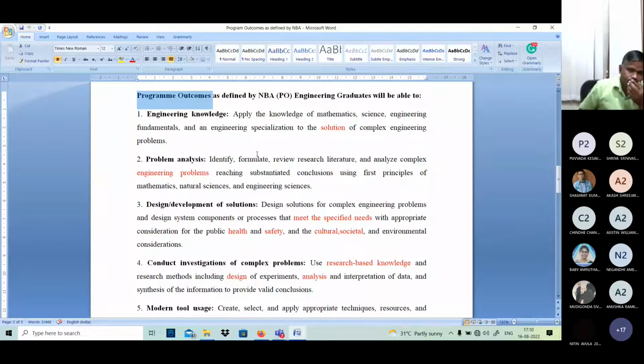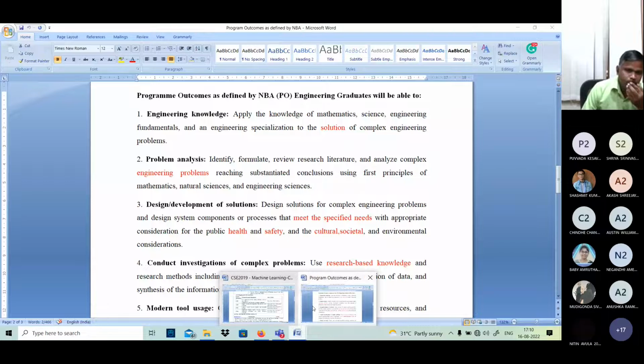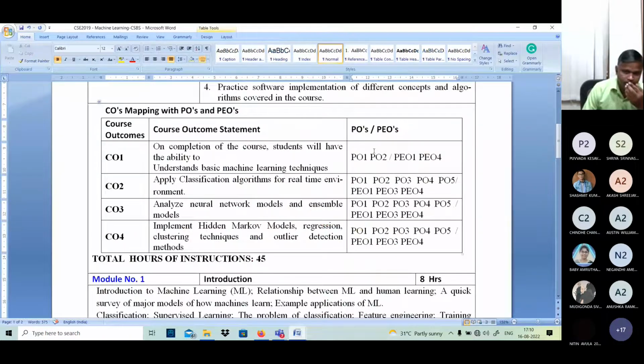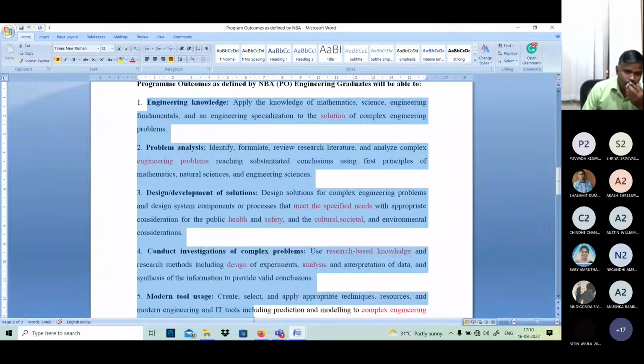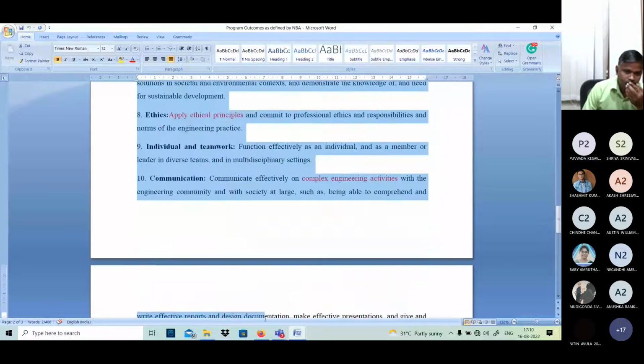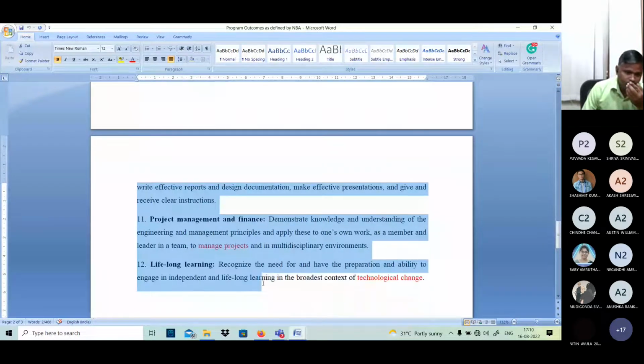Each course will map with some of the program outcomes. You look at the 12 program outcomes. You will study different courses throughout the integrated course.